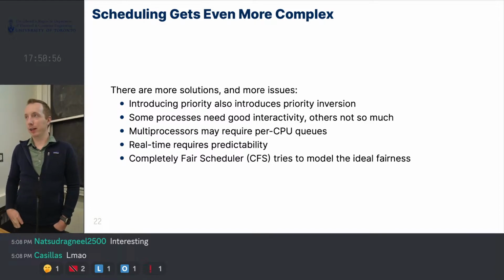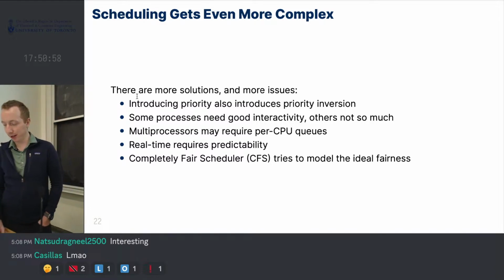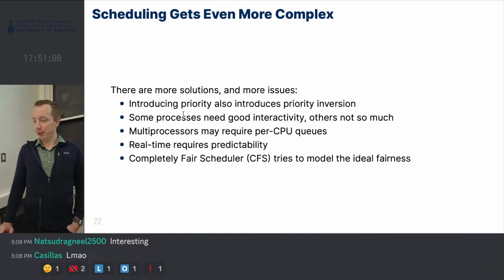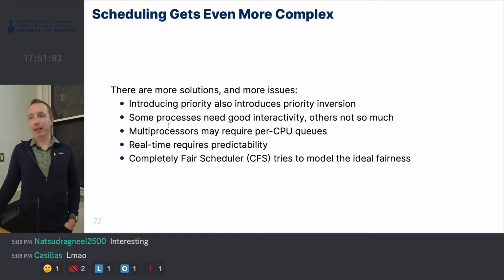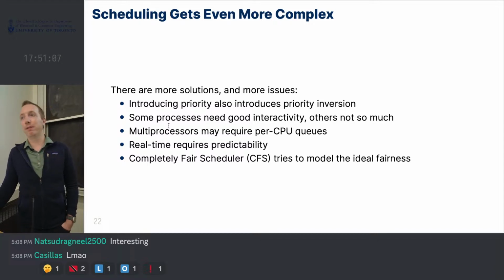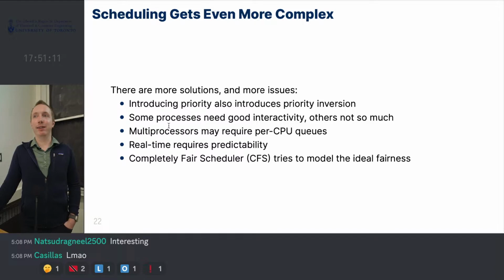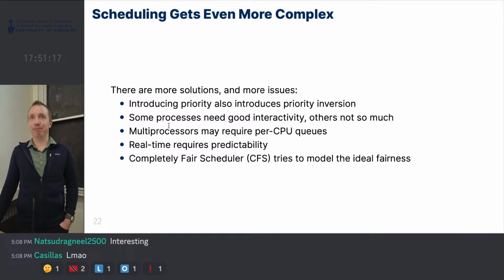One way to handle it is through priority inheritance. You might also have some processes that need good interactivity, others not so much, and you might try to discern which one is which. Well, if you make a bad decision on that, you will get really bad scheduling and probably make your users very unhappy.